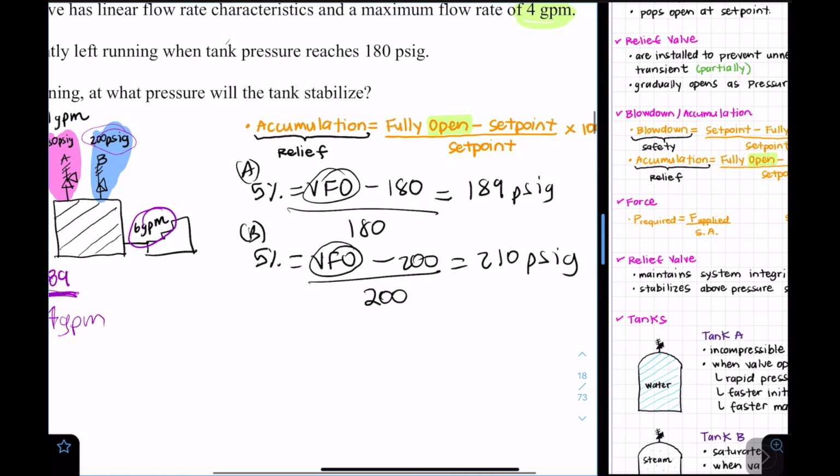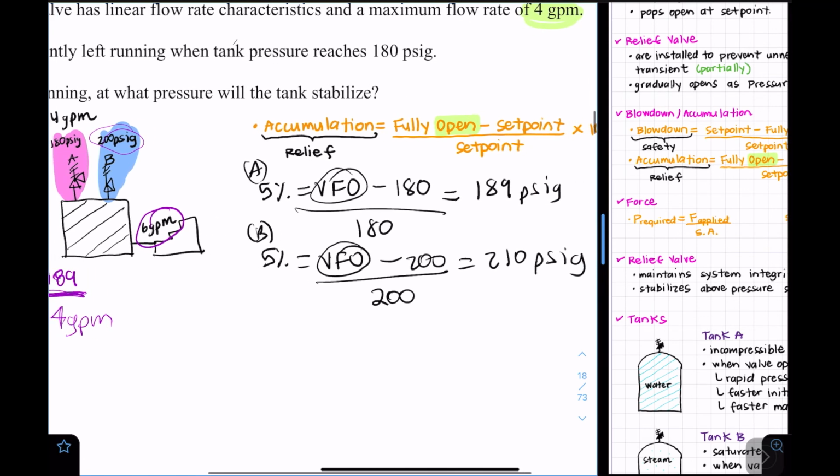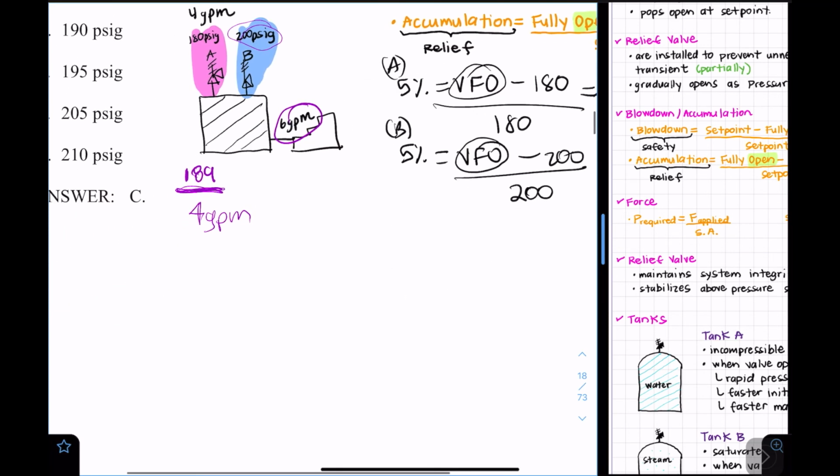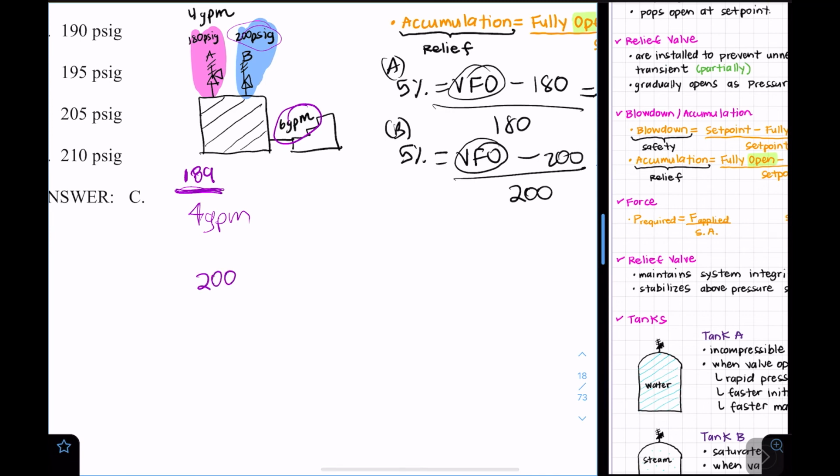So the next one, at 200 psig is when we're gonna start getting more out of this other valve, right? So we're gonna start opening. It's gonna be 200. I'm gonna have 0 GPM.